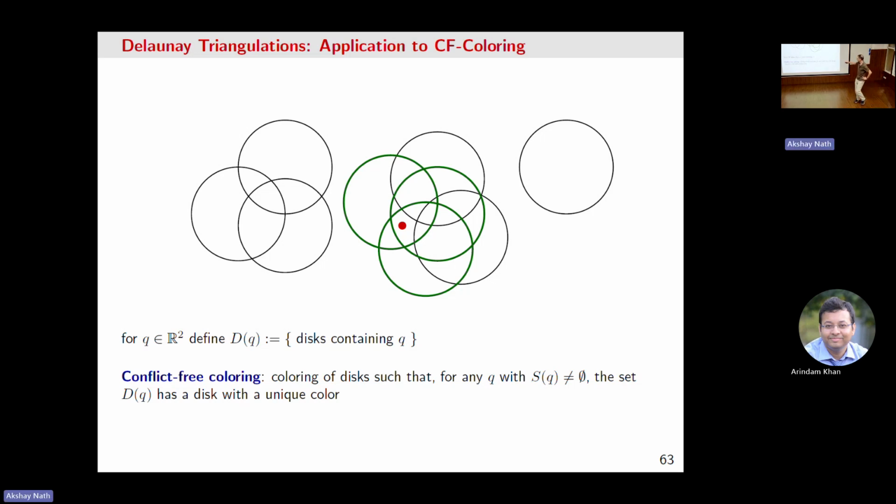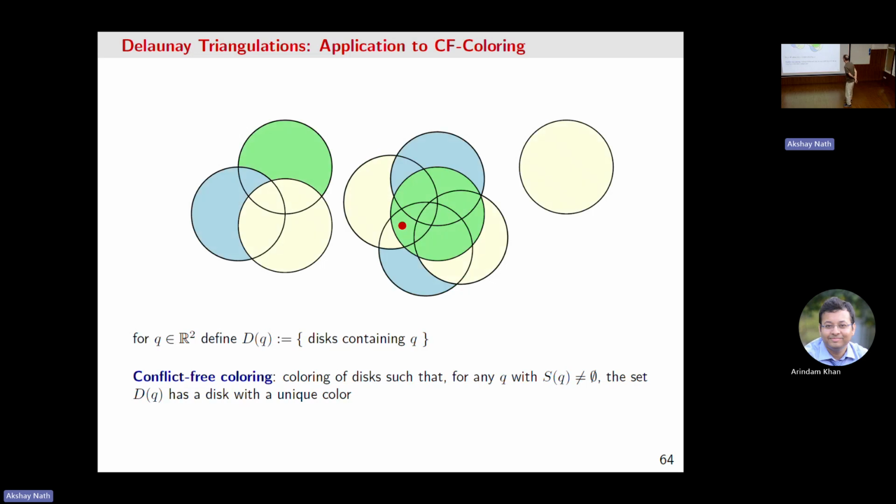For instance, these must all have distinct colors because as soon as you give any two the same color, like these two, then a point here has a problem. So this, for instance, is a valid coloring, I hope. Indeed, they have all distinct colors.